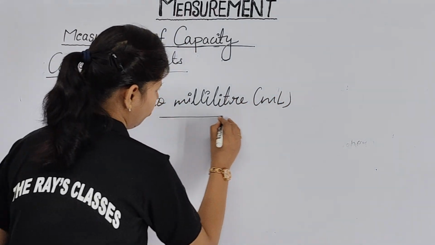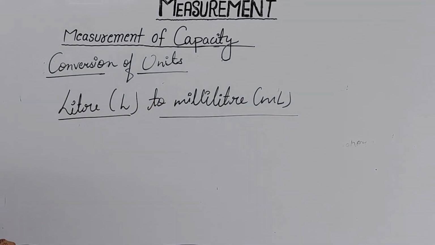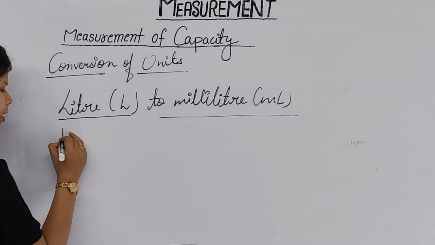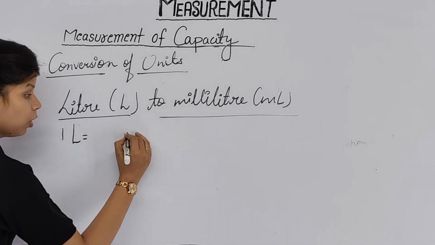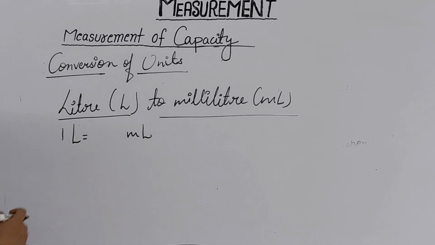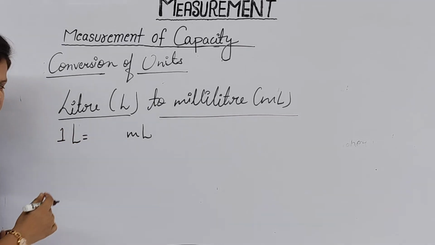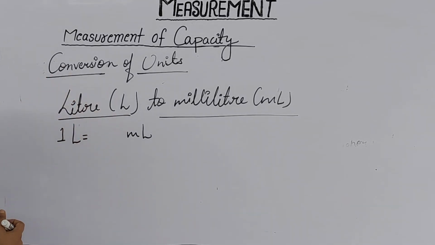Liter to milliliter. Clear, no? Please note down this heading. Like first of yours is given, if you have 1 liter equal to how many milliliter you are having, children? Please share your answers in comment section. I will write all the answers at the last. After seeing your comment in comment box, I'll go with it.